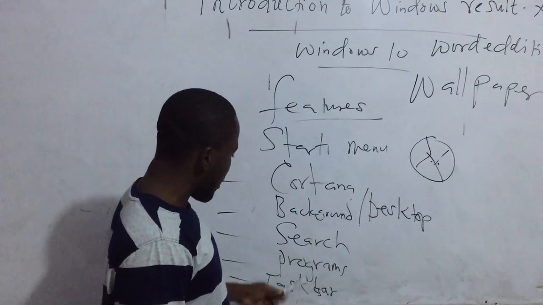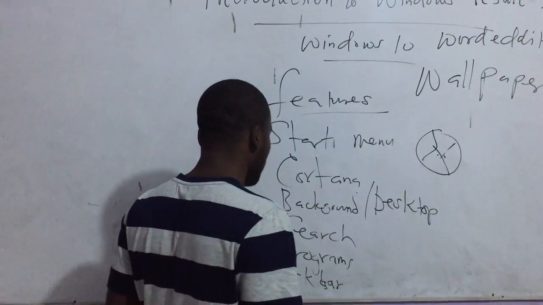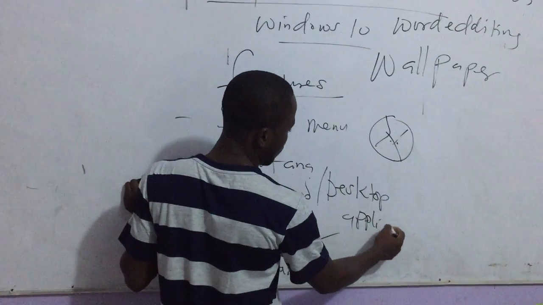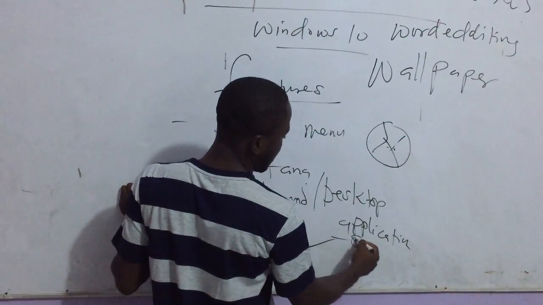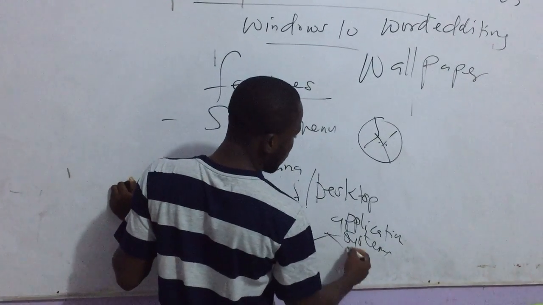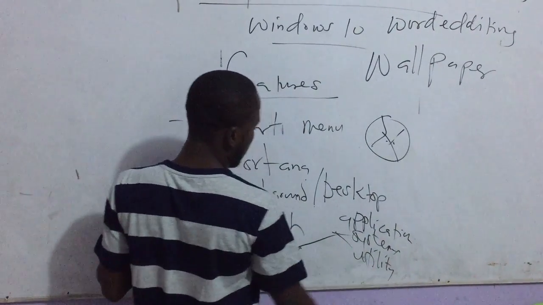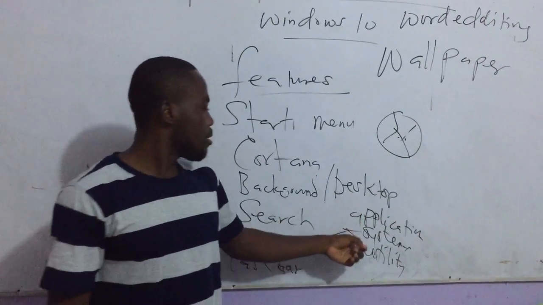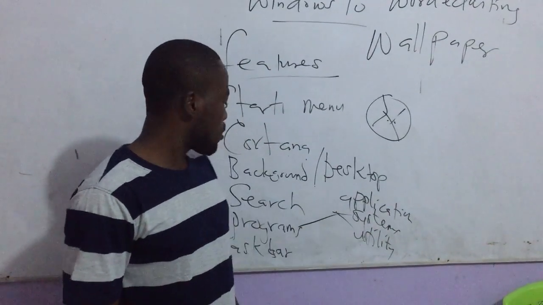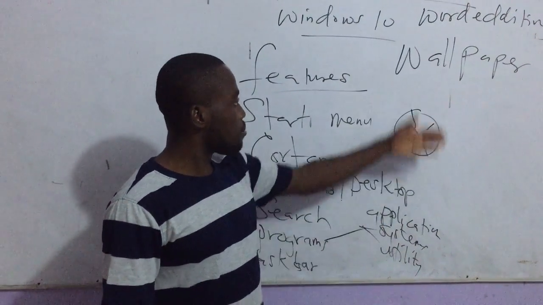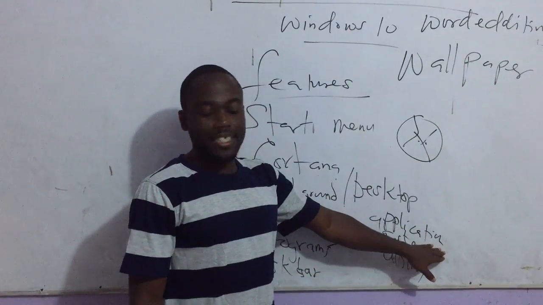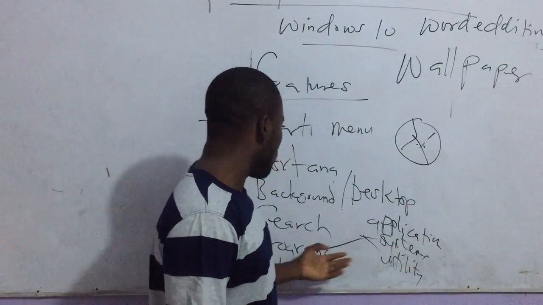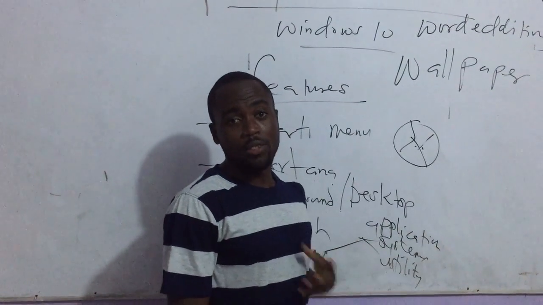The programs here are divided into three main categories: application softwares, system softwares, and utility softwares. An example of application software is Microsoft Word. Application softwares assist the user to perform a particular or specific task, otherwise known as productivity software. They help the user to what?